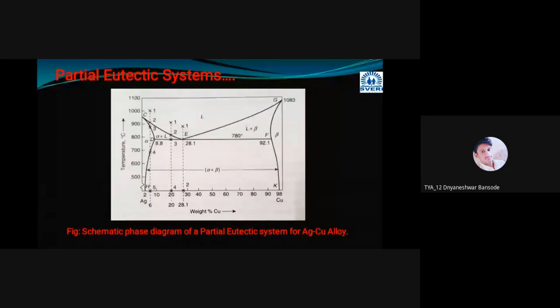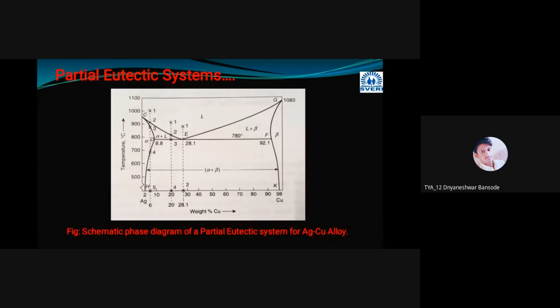Then when temperature reaches just below point 2, here element A will start separating out, in the form of alpha solid solution, as both the metals are partially soluble in each other, so they will form the solid solution.